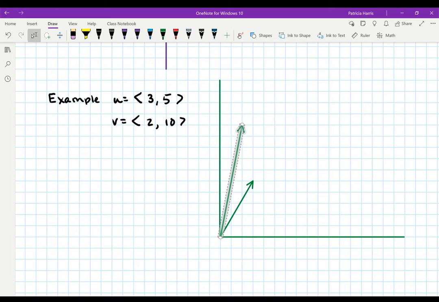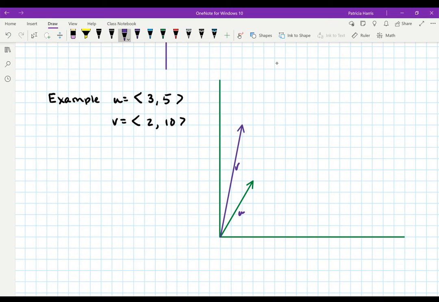Yep, 2, 10. Okay, so there are my two vectors. Now we're going to draw a parallelogram, or at least try to. What we want to do is move the green vector. That's u. This is v.